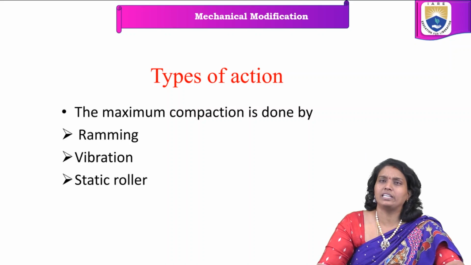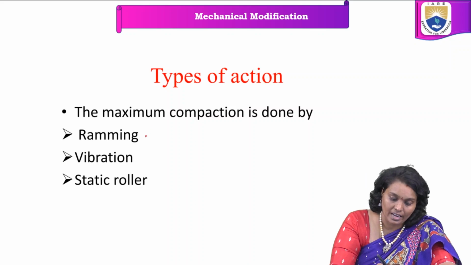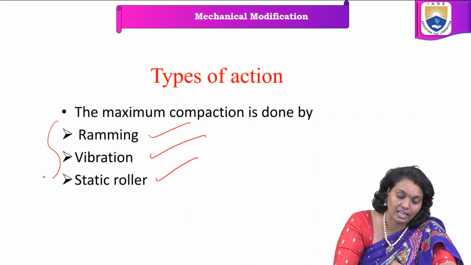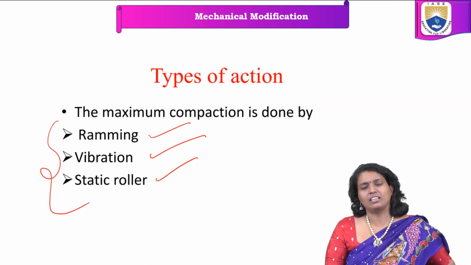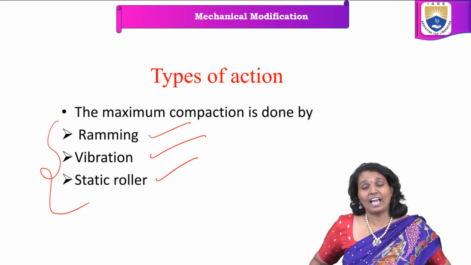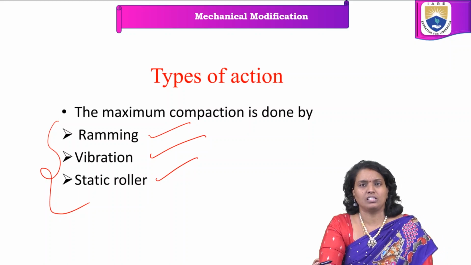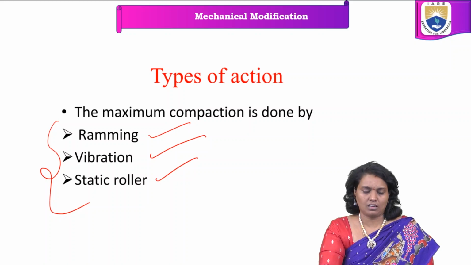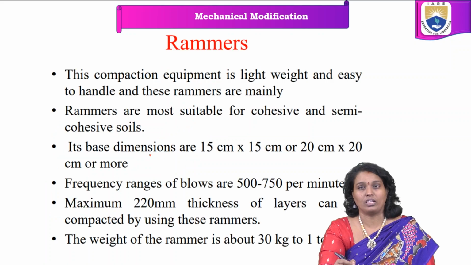And now, which type of action? Based on the type of action, there are rammers, vibrators and rollers. These are the three different types of compaction which we do. The maximum occupation is by the rammers, vibration and static rollers.